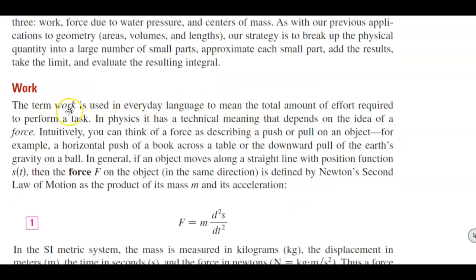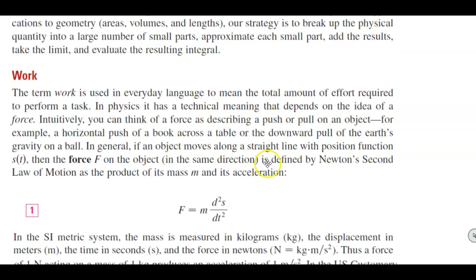Work. Now, the term work is used in everyday language to mean the total amount of effort required to perform a task. In physics, it has a technical meaning that depends on the idea of a force. Intuitively, you can think of a force as describing a push or pull on an object. For example, a horizontal push of a book across a table, or the downward pull of the Earth's gravity on a ball.